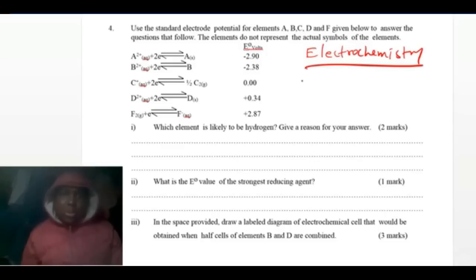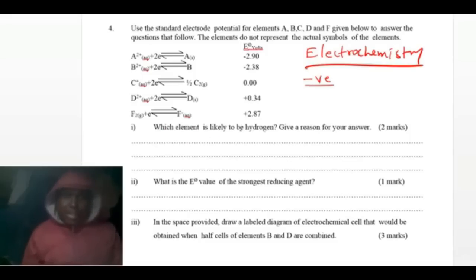The electrode potential with the higher negative value has more reducing power. It is more reactive, therefore it will give electrons. The more positive an element is, the more the oxidizing agent it is. The more the oxidizer it is, the less willing to give electrons, so it will undergo reduction.